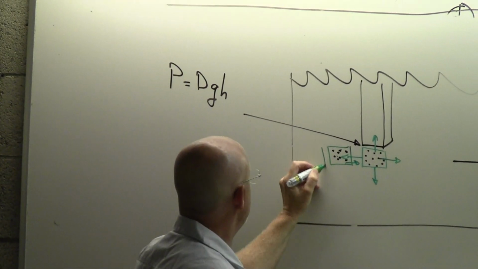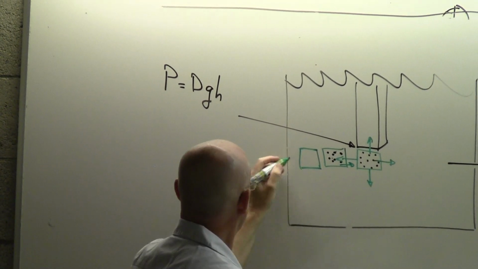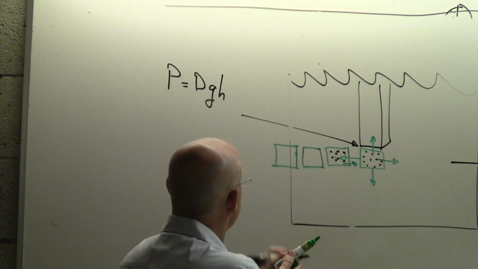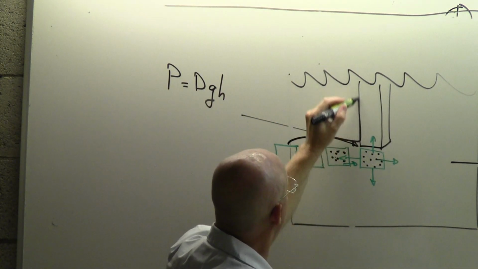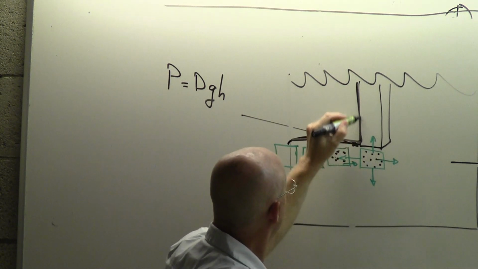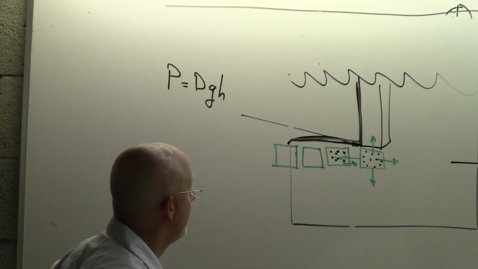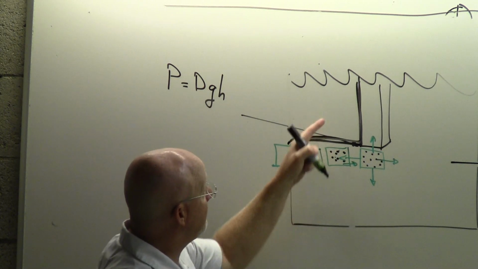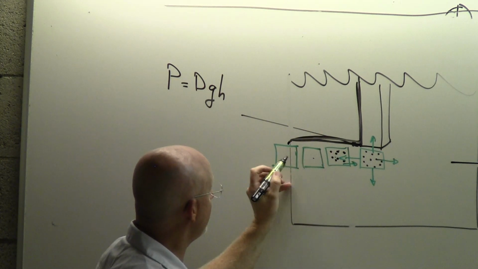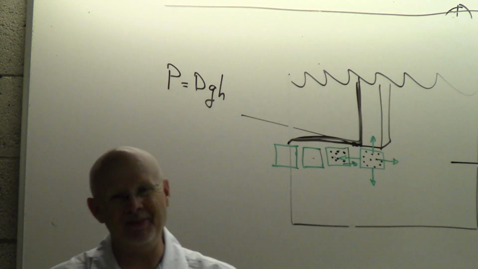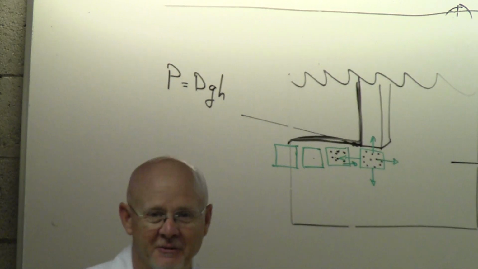And if we continue that logic, even if we don't have water directly above it, the pressure in each of these boxes at that same depth would actually be the same value.